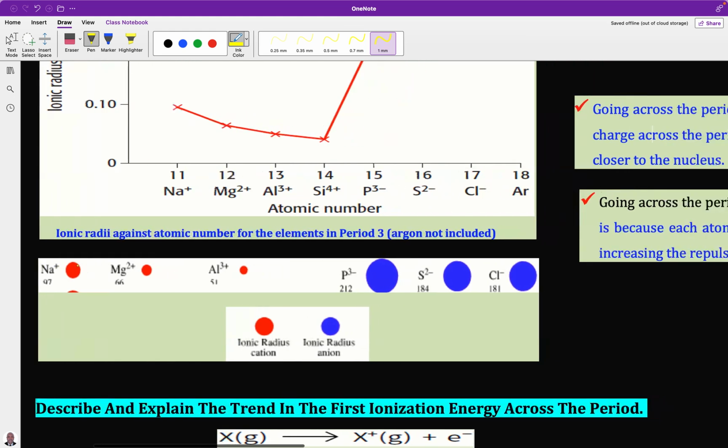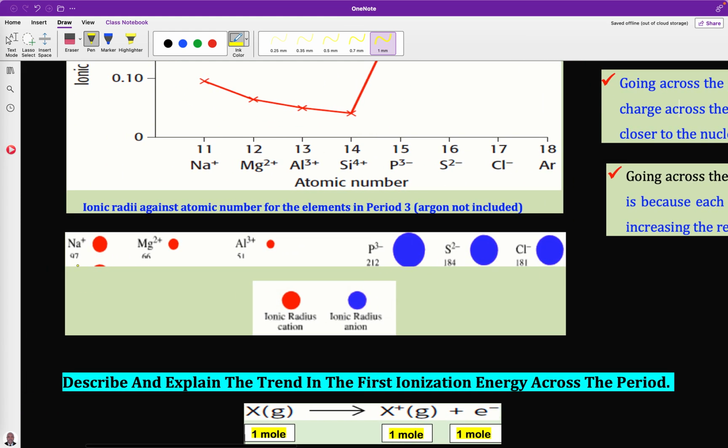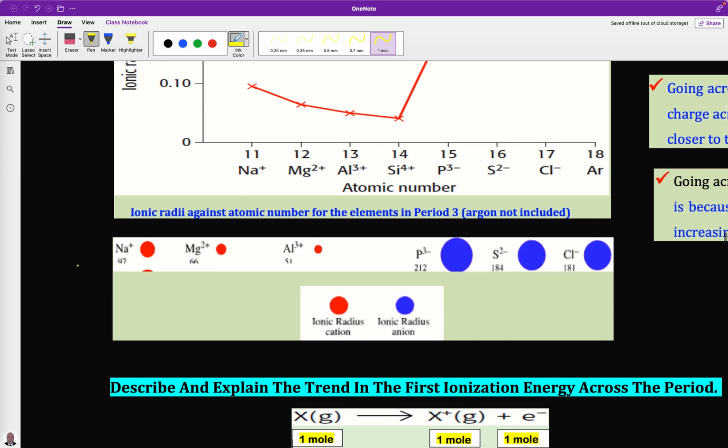Then for the anions, from phosphorus P3 minus to chlorine Cl minus, we can say going across the period from the phosphorus anion to the chloride anion, the negatively charged ions are larger than their original atoms.